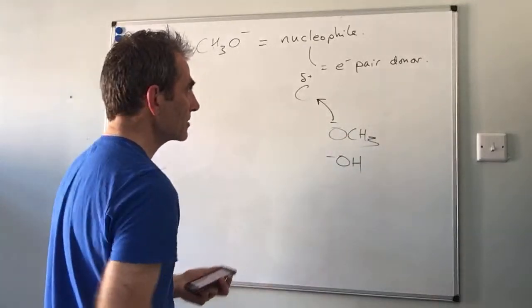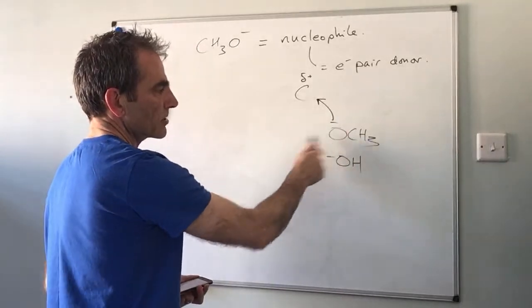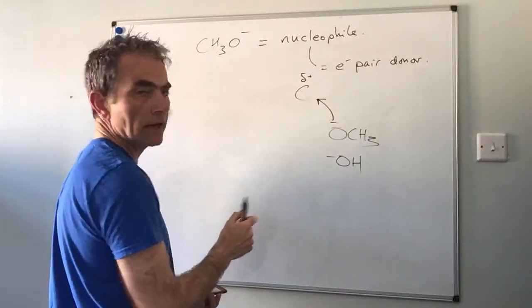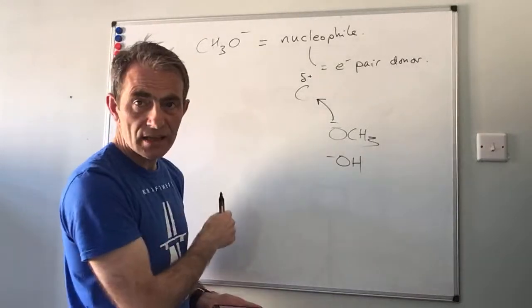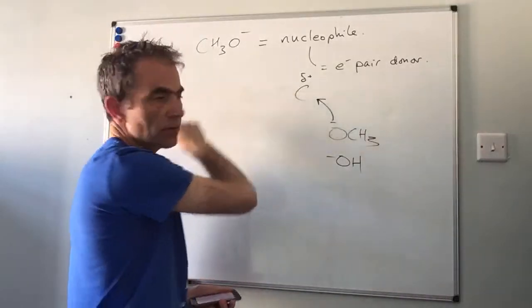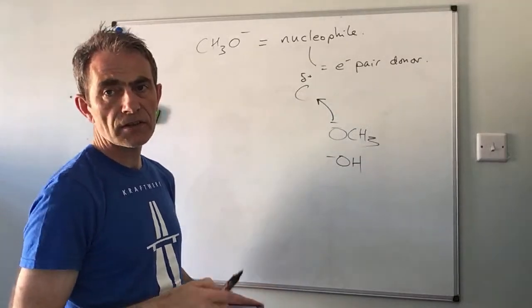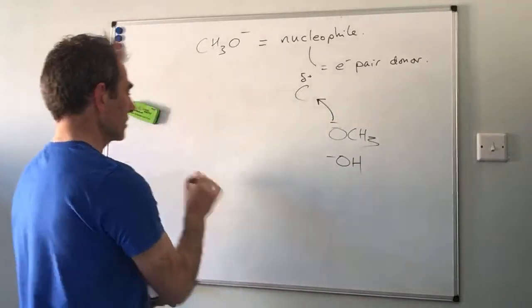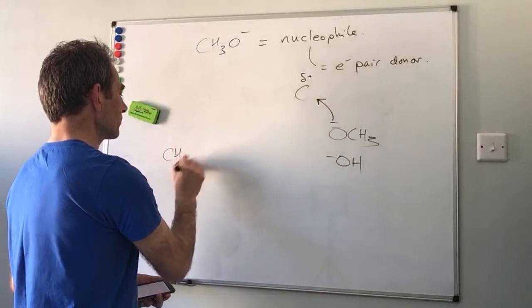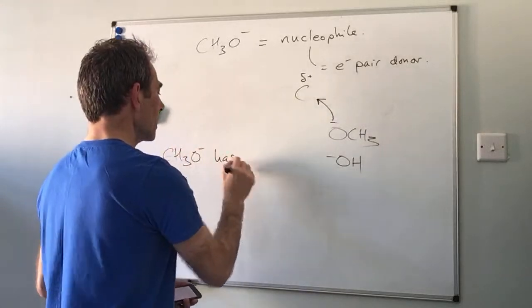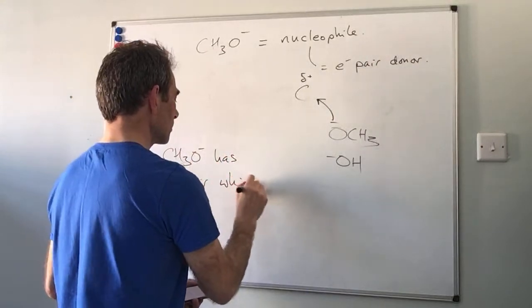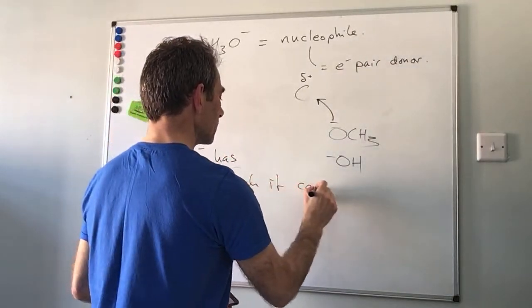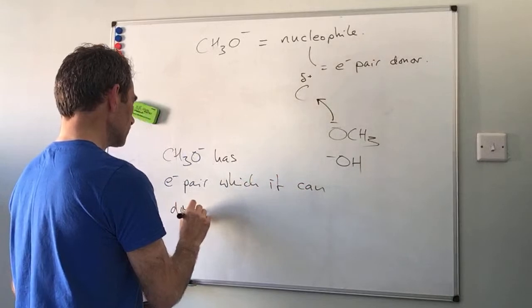So how I would answer that question is the methoxide ion has a pair of electrons on the O minus, which it can donate to a slightly positive carbon or an electron deficient carbon. So CH3O minus has an electron pair which it can donate.